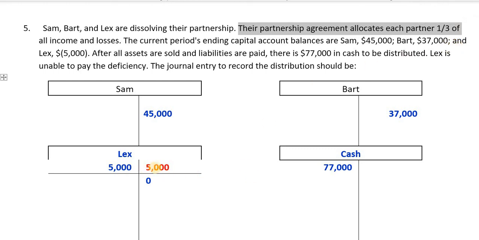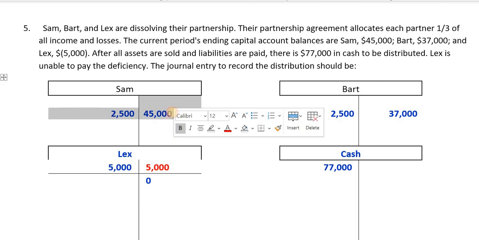So if we credited Lex's capital, we better go up here. $2,500 gets charged to Sam, and $2,500 gets charged to Bart.